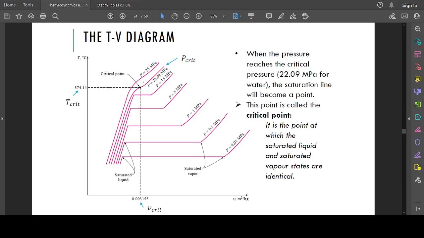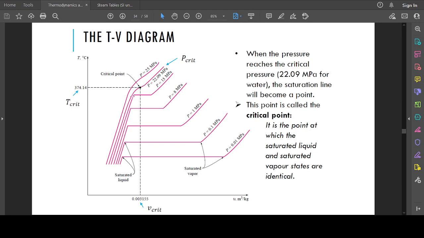Now, what happens at this point? As you can see, this is a point where there is no difference between the saturated liquid and saturated vapor mixture. They exist almost as the same. Now, but what is predominant?